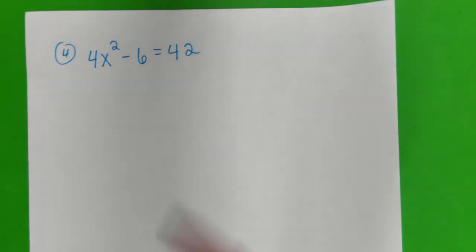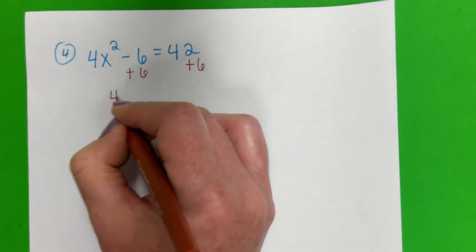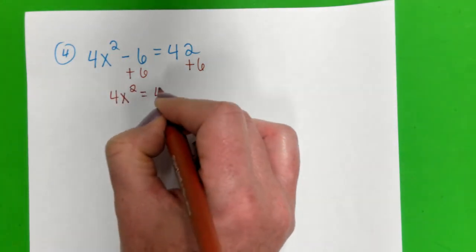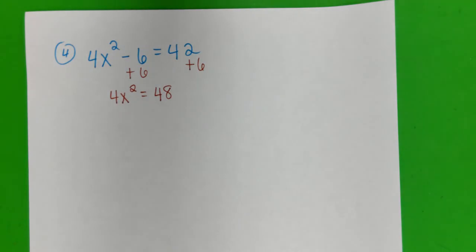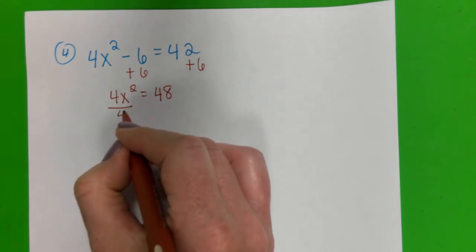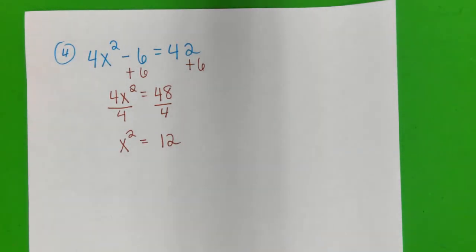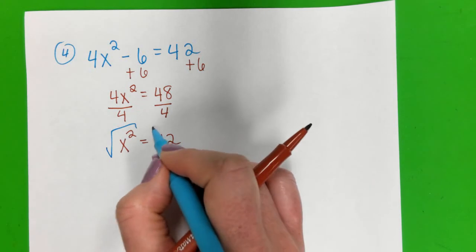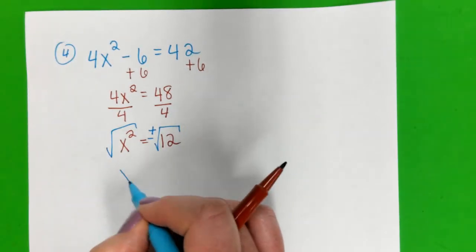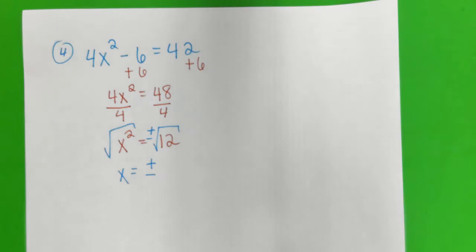Your first step should be to add 6. Then you should be dividing by 4. And then the last step is to do plus or minus the square root. So positive or negative the square root of 12 is going to be our answer.